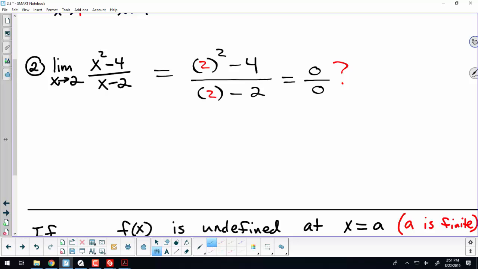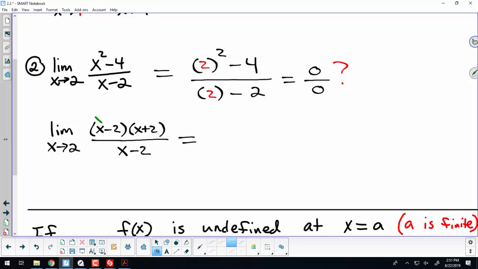So what we'll do now is we'll factor this and just work this algebraically. So we have x minus 2 times x plus 2 on top over x minus 2. And then we can see what happens here algebraically. These factors are gone. And then we're just computing the limit as x approaches 2 on the function x plus 2, which is 4.